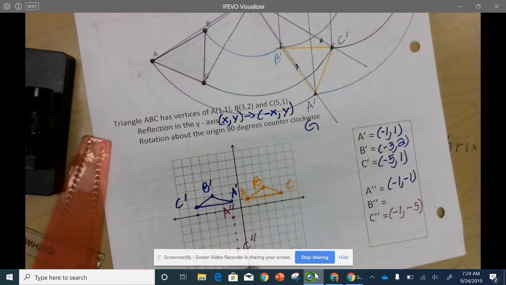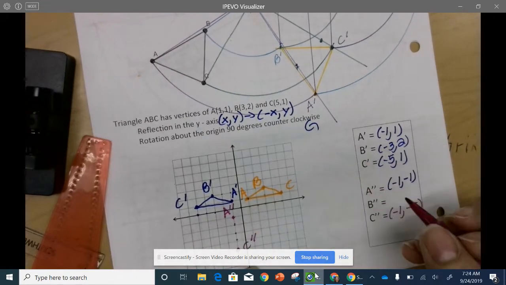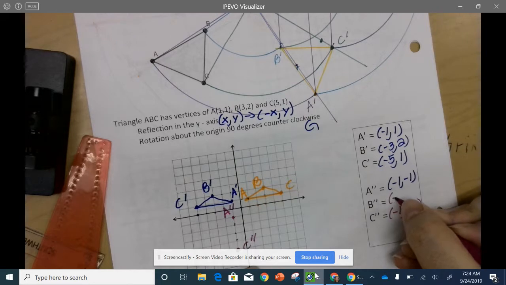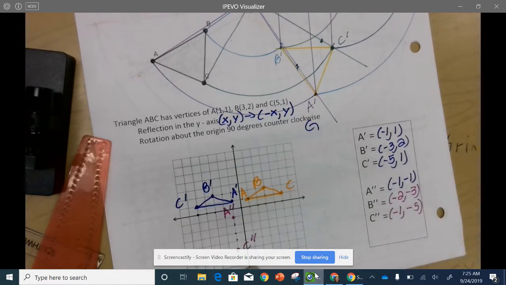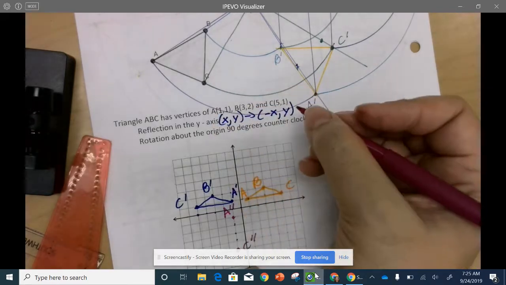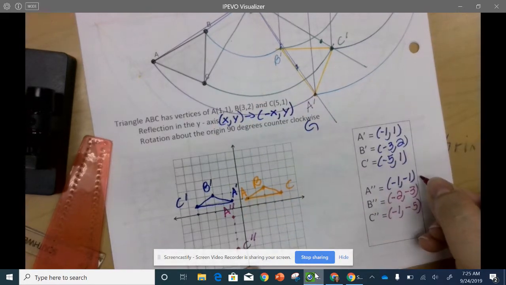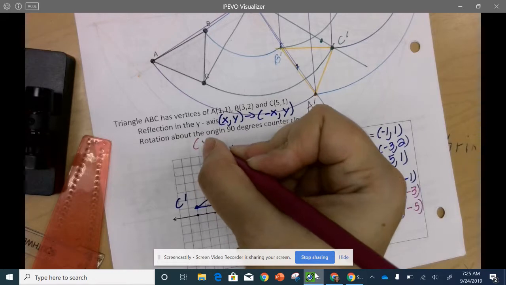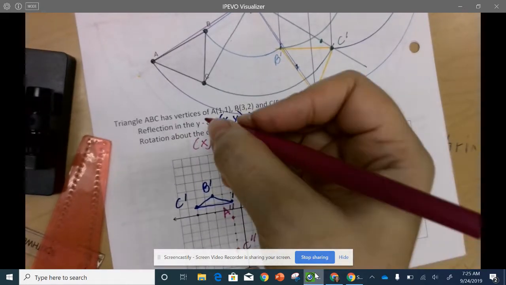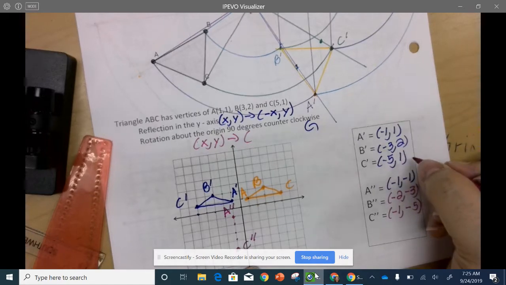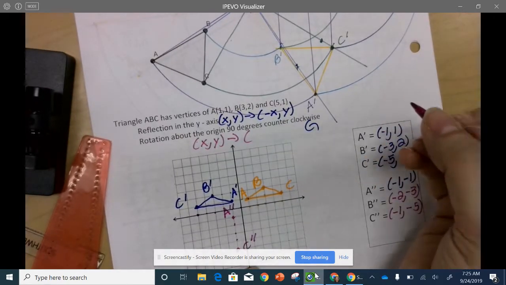And B is at 2, negative 3. Okay. So for these, everybody, if you notice what is happening, 90 degrees counterclockwise or 270 degrees clockwise, it's going to do where they switch.